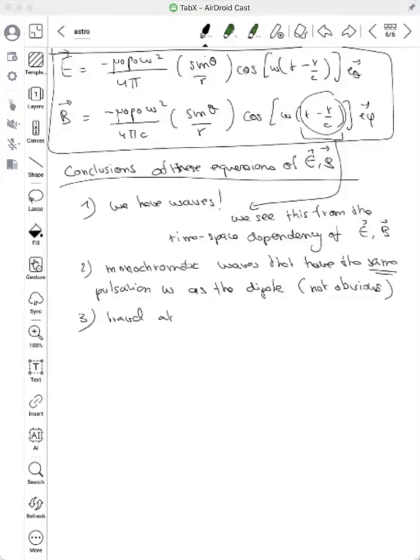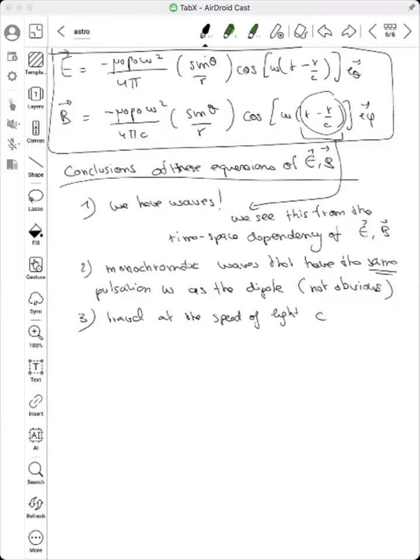Why? Because when I assumed that there is such a thing as a retarded potential, I actually introduced this t minus r over c in the equations. So it's not really a conclusion because I made an assumption to reach this, but in any case, they travel at the same velocity as the velocity I assumed for the retarded potential. This is the important point.